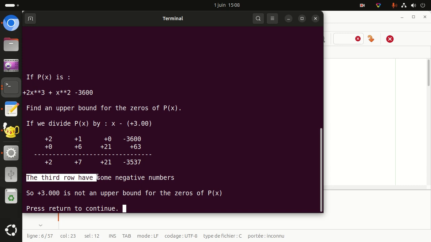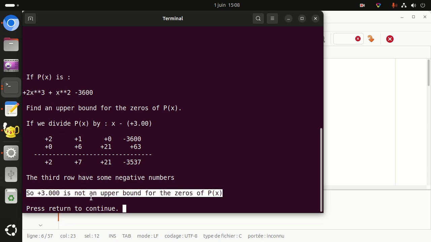The first row has some negative numbers. For example, here there is a negative number. So 3 is not an upper bound for the root of p of x.